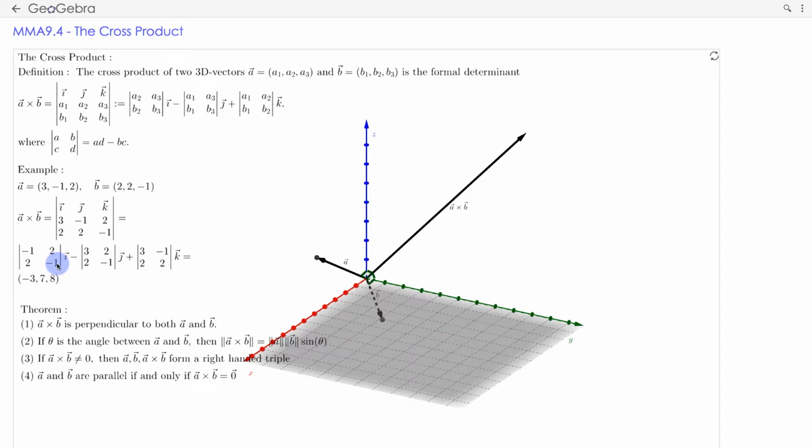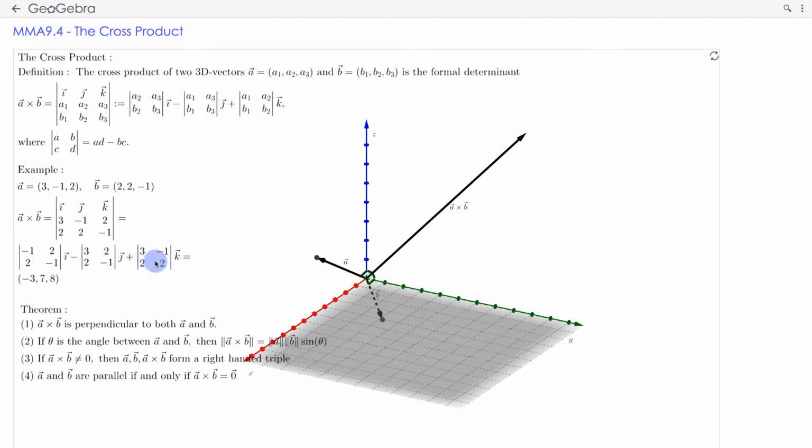So minus 3 times minus 1 is 3, minus 2 times 2, that's minus 4, so minus 1 times the i vector. Hmm, let me keep it as spoken: we should have a minus 3 at the first component. 3 times minus 1 is minus 3, minus 2 times 2, that's minus 4, minus 3 minus 4, that's minus 7, then there's a minus in front here, so we just get a 7 at the second component.